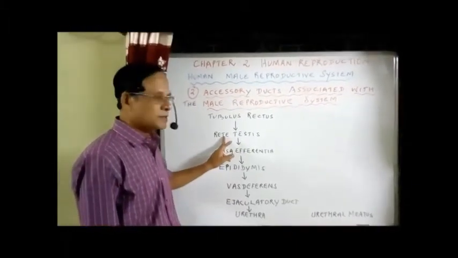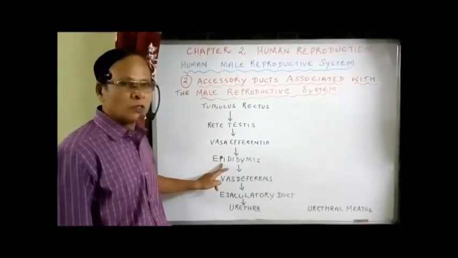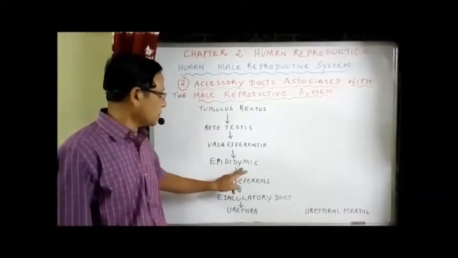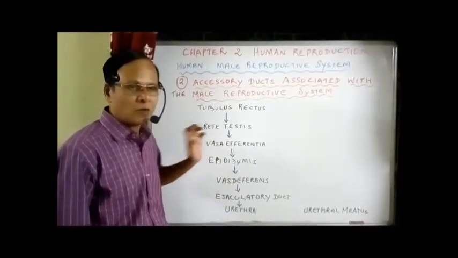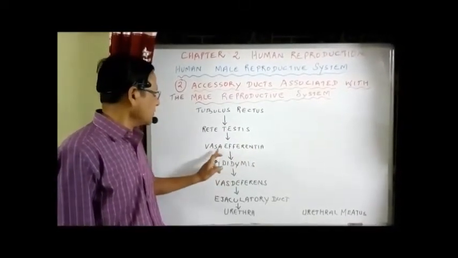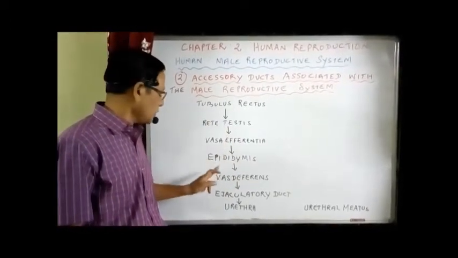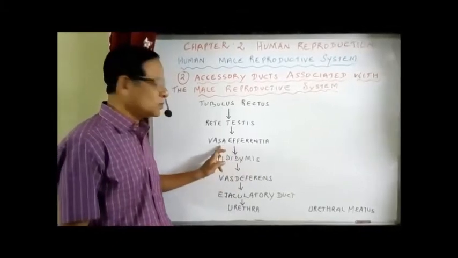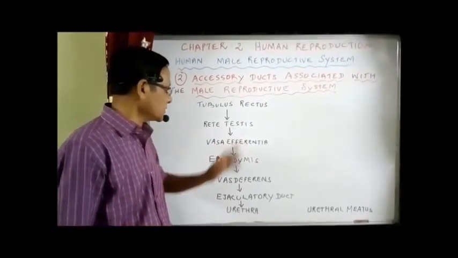Now the rete testis convey the spermatozoa into a highly coiled tubular structure, the epididymis, through a number of small ducts emerging out from the testis called vasa efferentia.